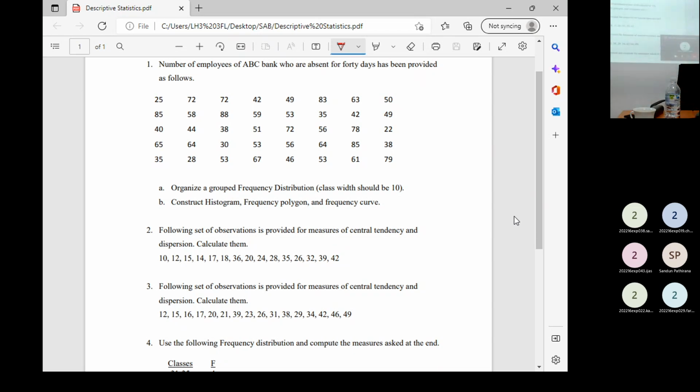Frequency distribution consists of, first, ungrouped frequency distribution. Second, grouped frequency distribution.